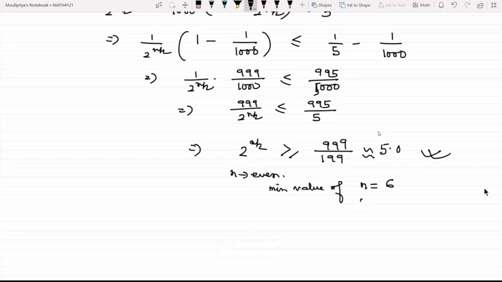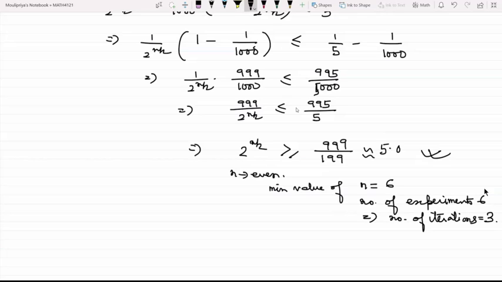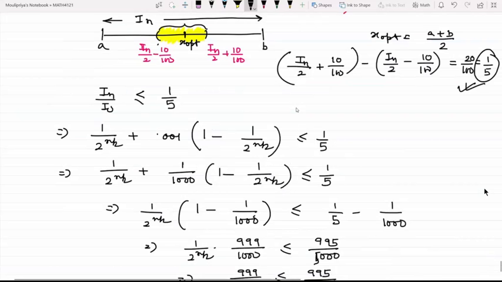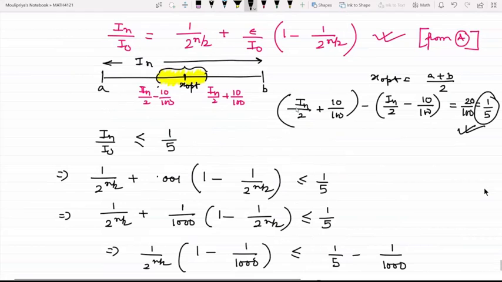Number of experiments is 6. This definitely implies, what about the number of iterations? How much is that? 3. Exactly. So for this particular problem we need 3 iterations, and after 3 iterations the midpoint of the interval we get would be the x optimum.